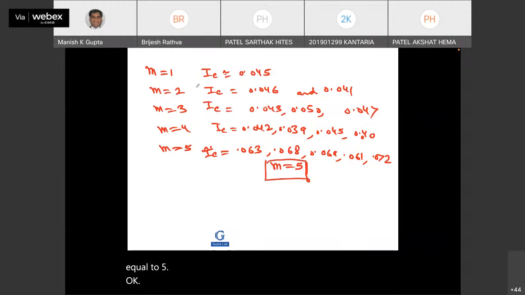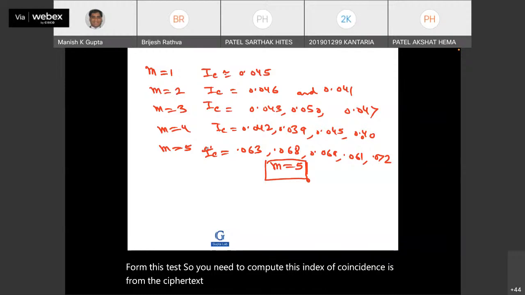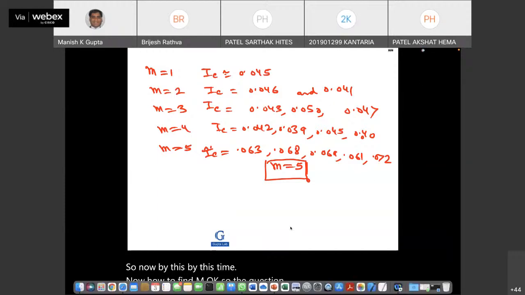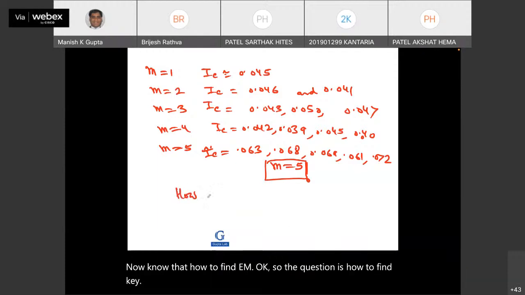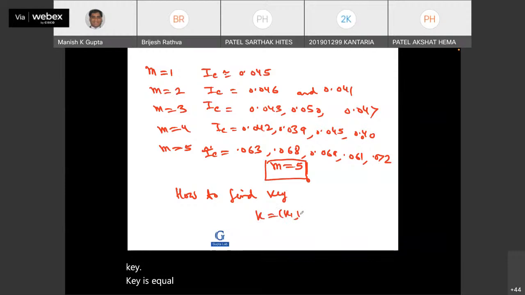From this test, you need to compute these indices of coincidence from the ciphertext. Of course, you can write programs for doing all these things. So by this time, you now know how to find m. The question is how to find the key, k equal to k1, k2, ..., km.